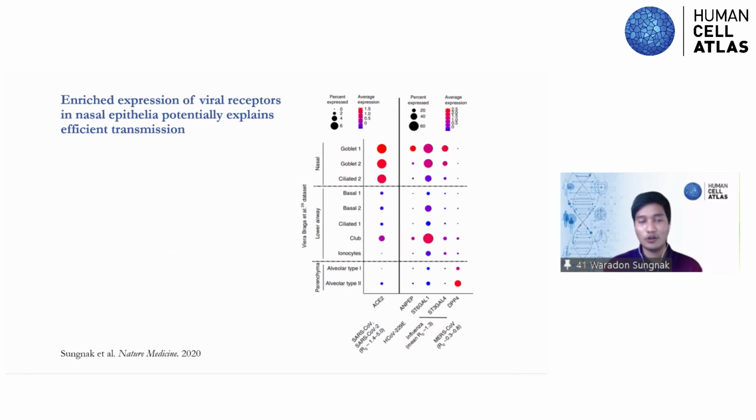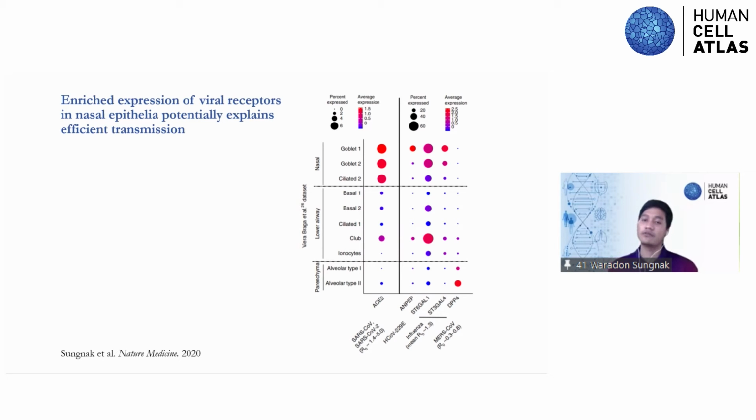And we further looked more into this direction by checking the expression of other viral receptors and entry genes in coronavirus that causes the common cold and influenza virus, as opposed to another coronavirus called MERS, which is limited in terms of its human-to-human transmission.